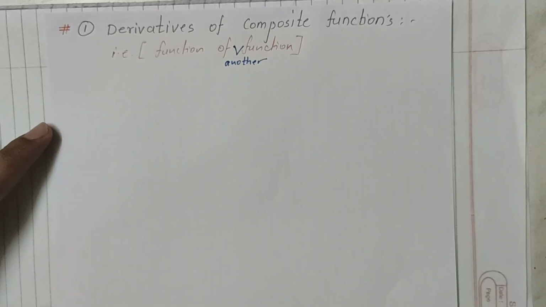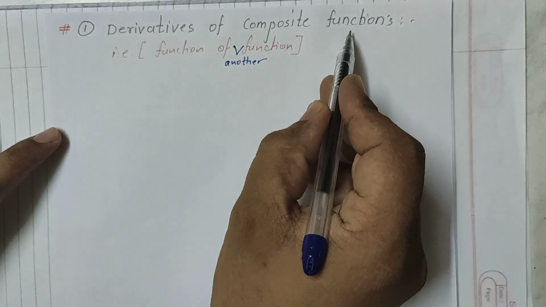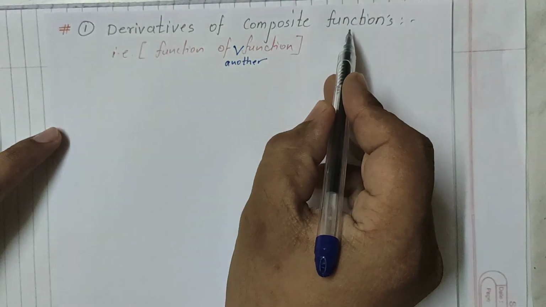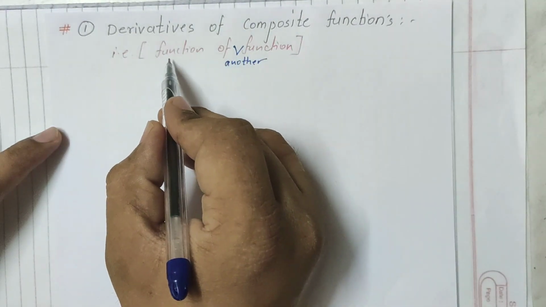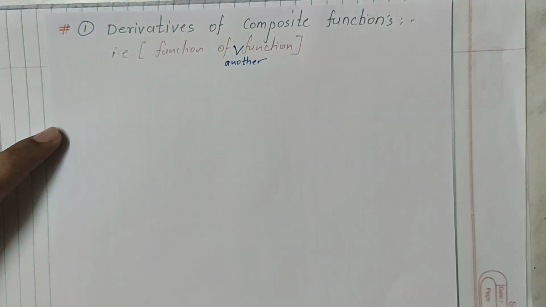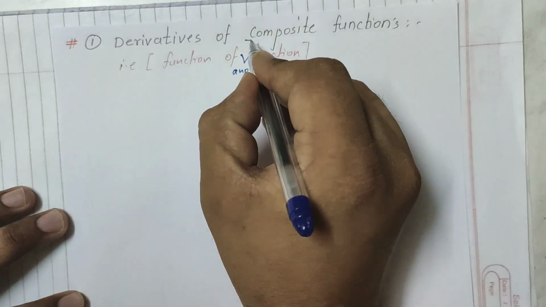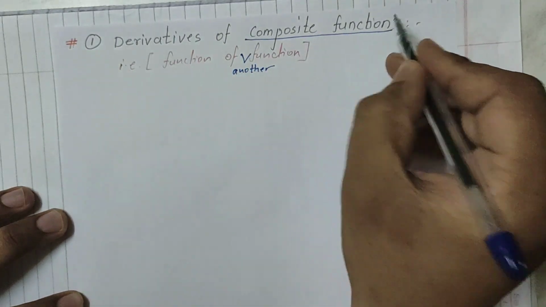In the differentiation chapter, the first point is derivatives of composite function. Derivatives of composite function is also called function of function, a function of another function. So let us see what is meant by composite function.